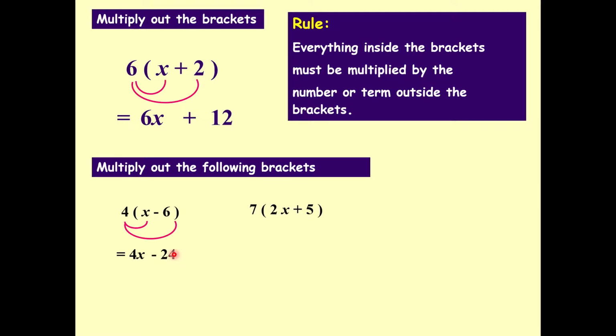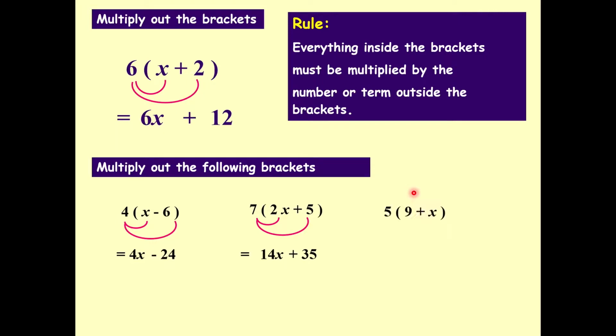You could have a number bigger than 1 in front of your letter in your bracket. So here we've got 2x plus 5 within our brackets, but we're still going to take the same steps. So 7 times 2x gives you 14x, and then 7 times plus 5 gives you plus 35.